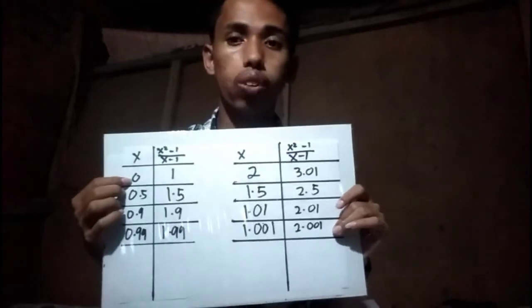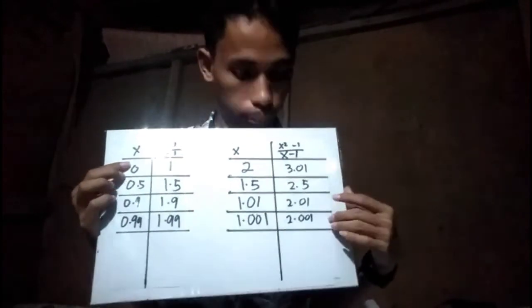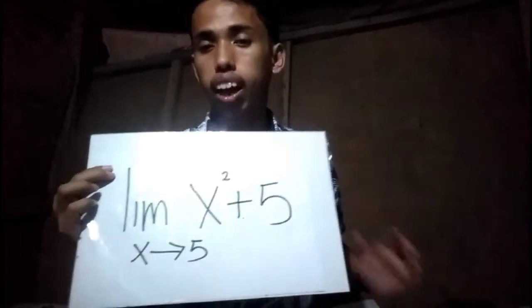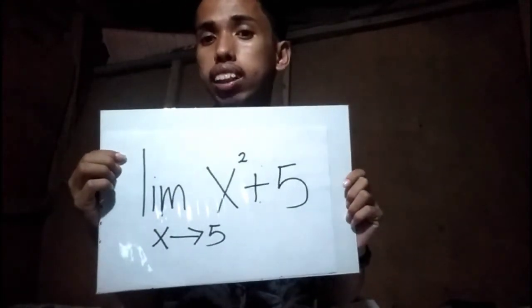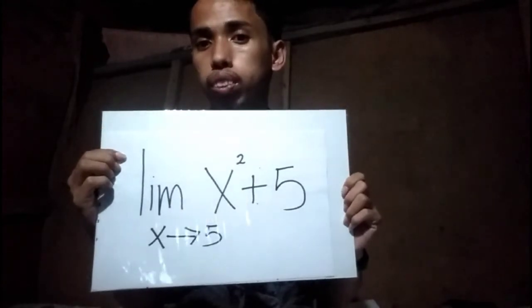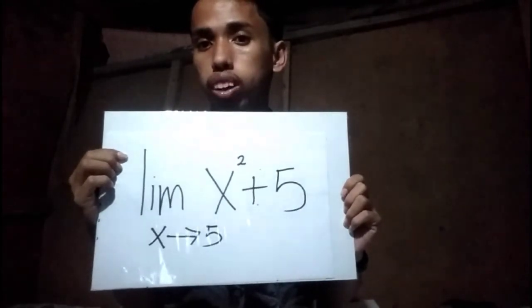Okay, now let us have another example. This example is the limit of x squared plus 5 as x approaches 5. Just like our first example, we are going to draw two tables again, just like this one.